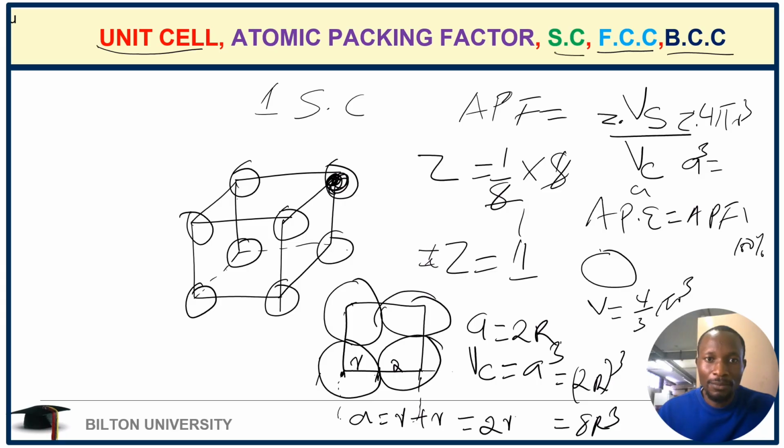So we can then proceed and calculate our atomic packing factor by saying atomic packing factor is equal to 1 times 4 over 3 πR³.